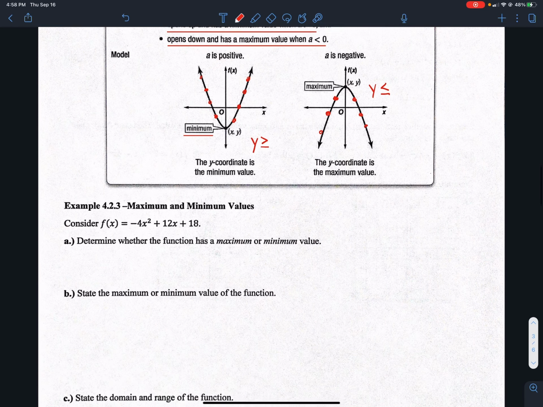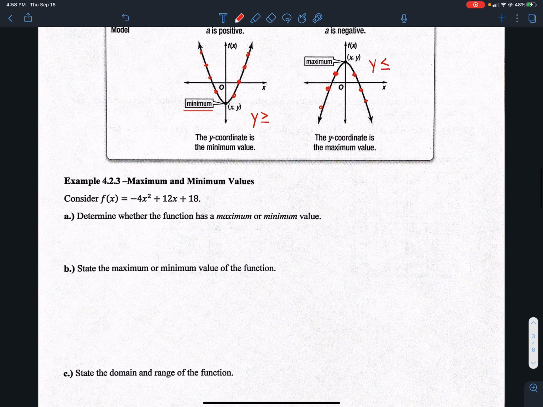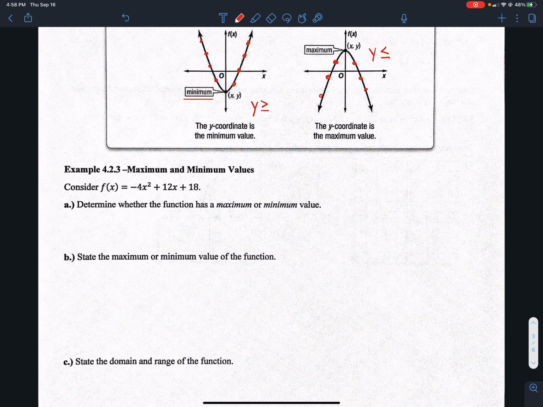All right. Example 4.2.3, maximum or minimum. Look at that a value. Okay, we always talked about that. A is -4. This is what's going to tell us if it opens up or opens down. B would be 12 and C would be 18.